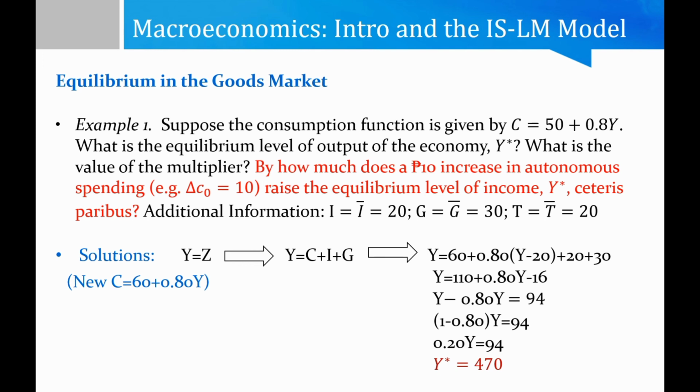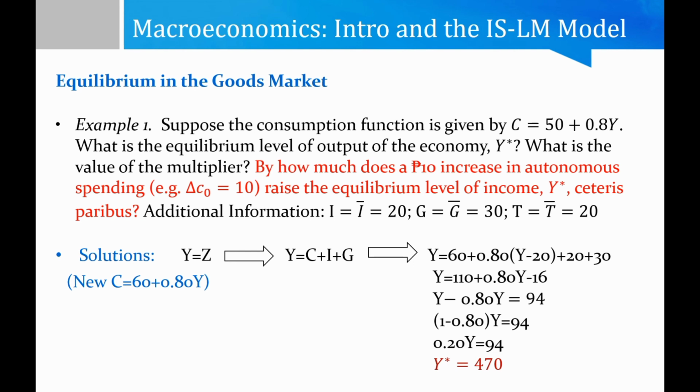So, solving for Y asterisk, the same process as before. Instead of 50 for our autonomous consumption, it becomes 60. So, substituting all the values in the market clearing equation, Y is equal to 60 plus 0.8 times the quantity of Y minus 20, plus 20 for investment, plus 30 for government spending.